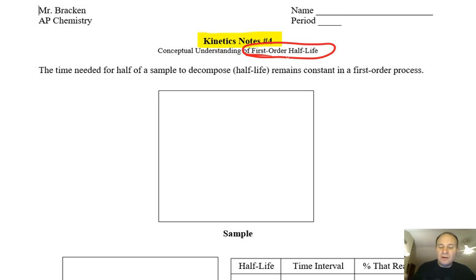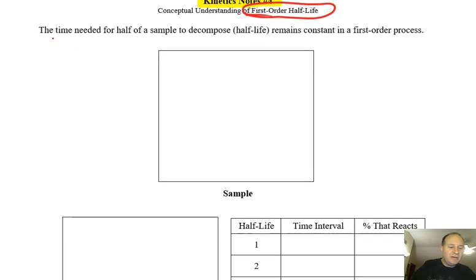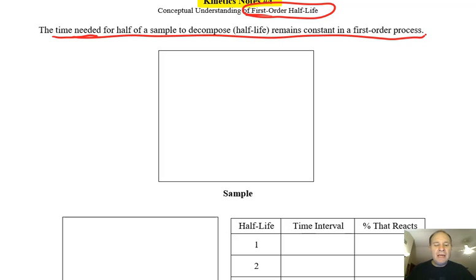This is all about half-life. And that's really defined as, and many of you I know have already had this in a math class, so that's terrific, the time needed for a sample to decompose. And that time remains constant.